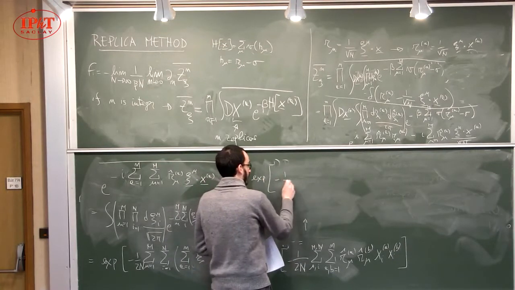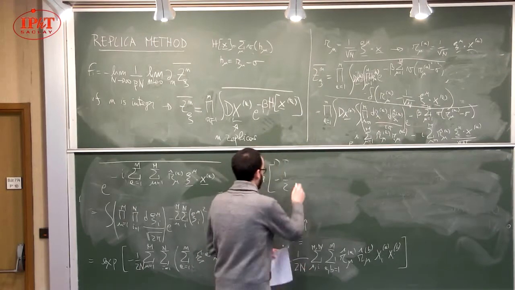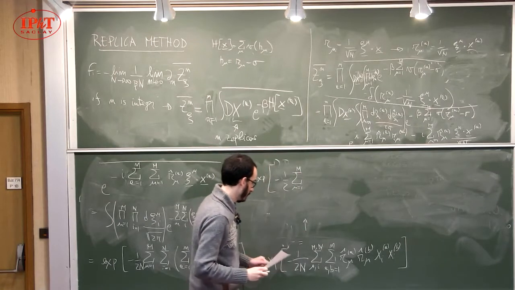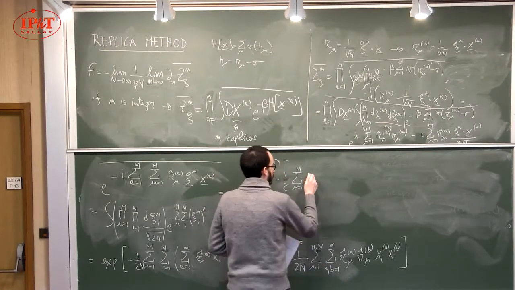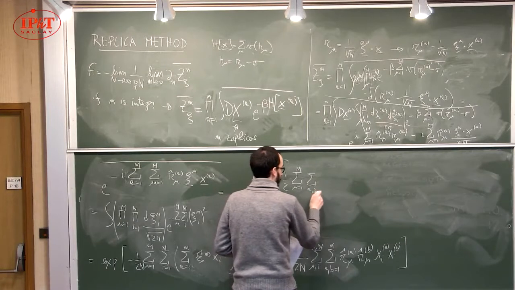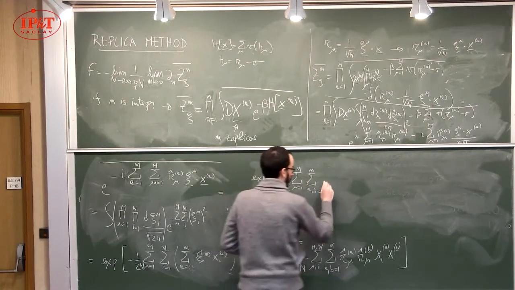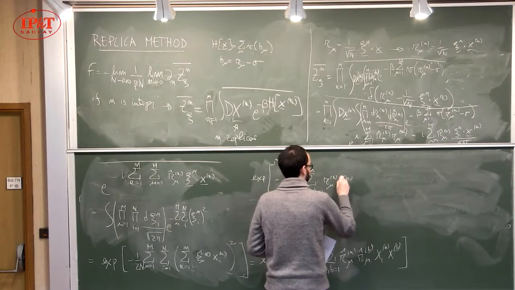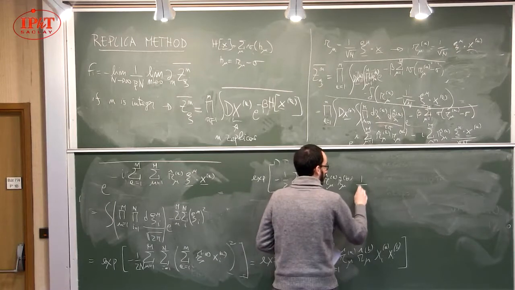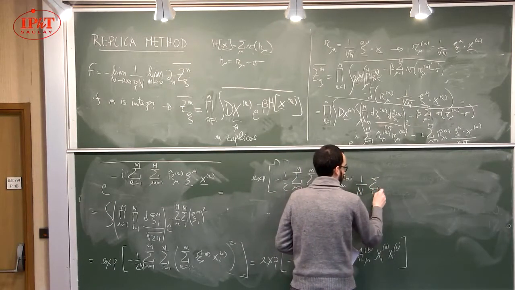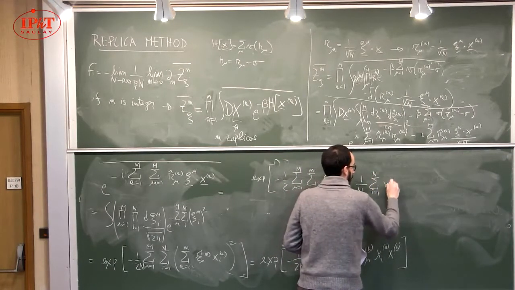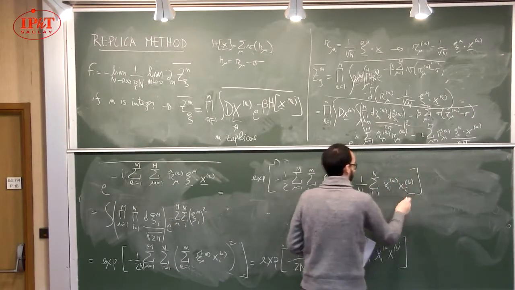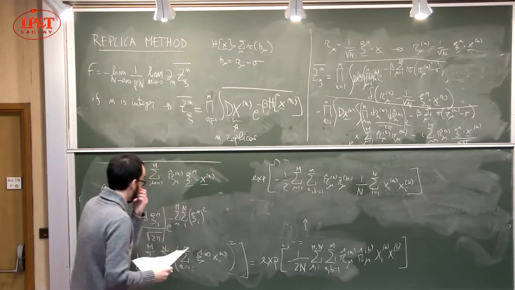So it's minus 1/2, and then I have a sum over mu, then I put this sum here, okay, and then I write 1 over n. Okay.